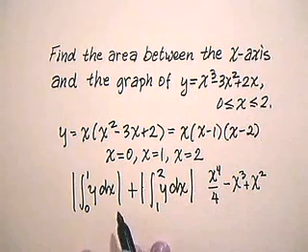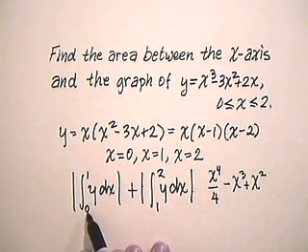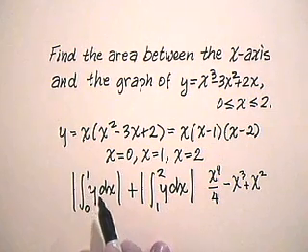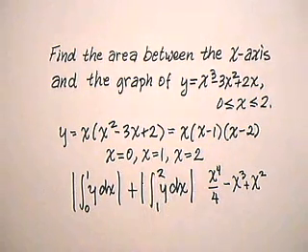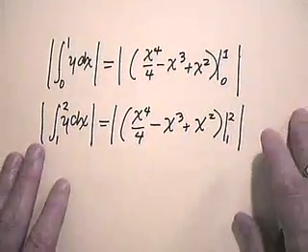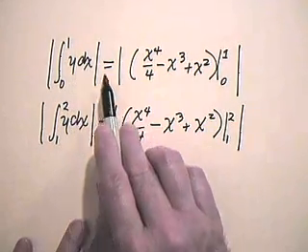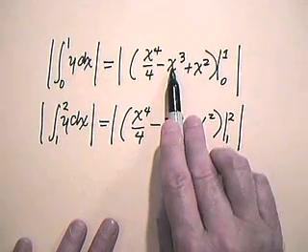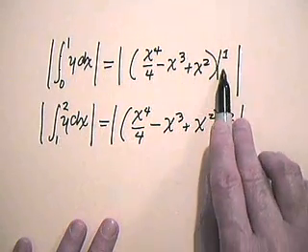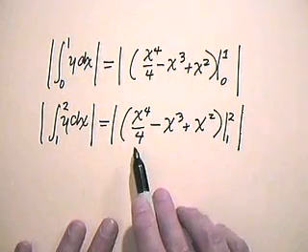So now what we need to do, you see, is take this antiderivative, evaluate between limits 0 and 1, evaluate between limits 1 and 2, and take the absolute values of those results. Now that would look like this. In other words, the definite integral from 0 to 1 of y dx is x to the fourth over 4 minus x cubed plus x squared, evaluated between limits 0 and 1, and then take the absolute value of the result.